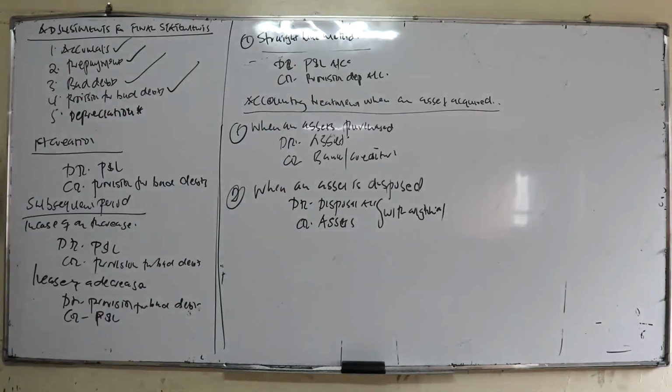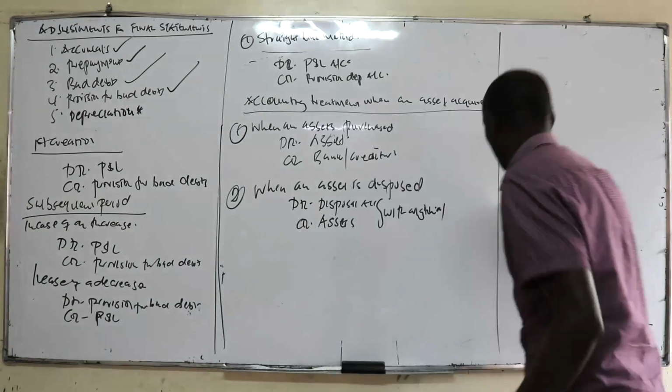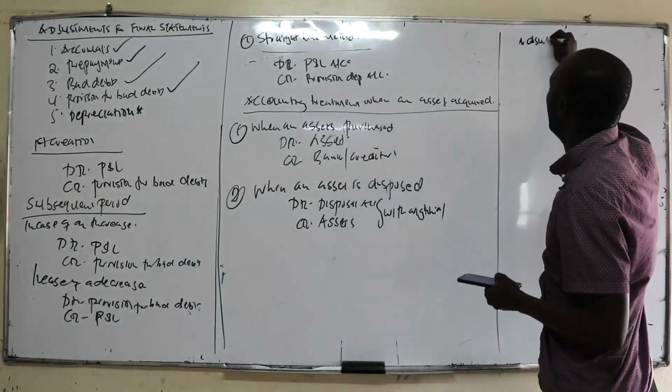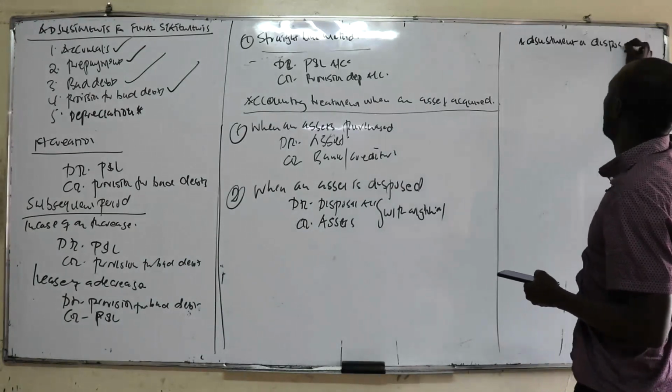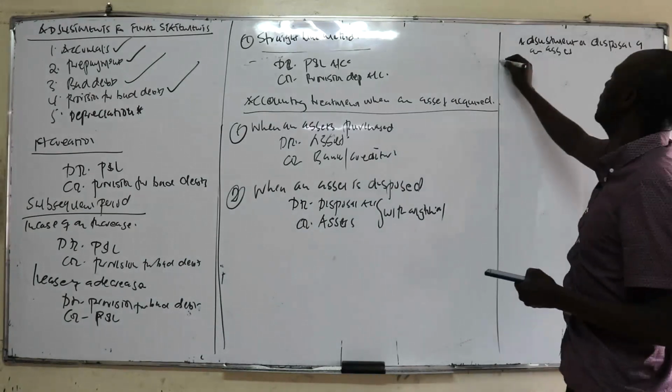That is the adjustments that are made to the accounts. And then also, we have some adjustments that you make in case of disposal. Adjustments on disposal of an asset. When you dispose of an asset, these are the adjustments that you make.